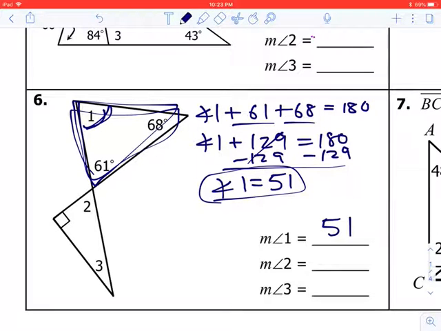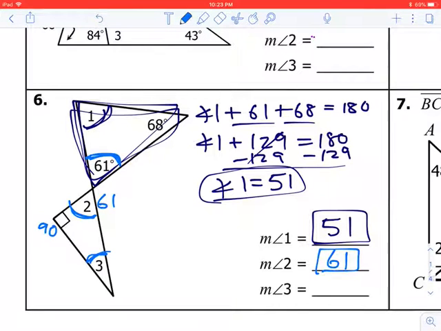Okay, so that's 51. And then angle 2 and 3, well, look at what we have here. 61's here. Angle 2 and 61 are a vertical angle situation. So that's just 61. So 2 is 61, this is 90. Then we can go ahead and find angle 3. So angle 3 plus 90 plus 61 equals 180, and then find what's left.